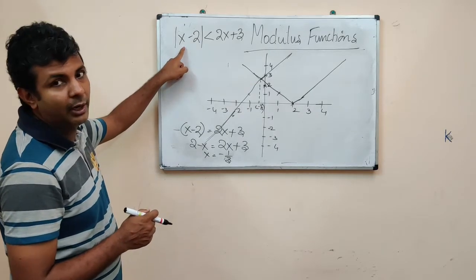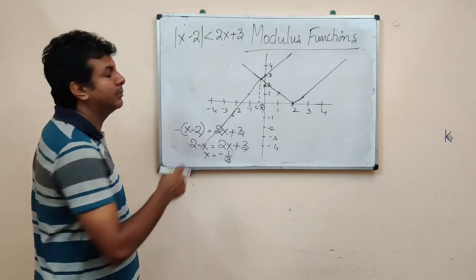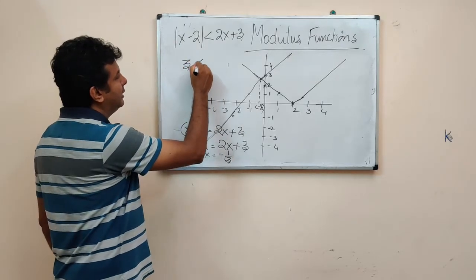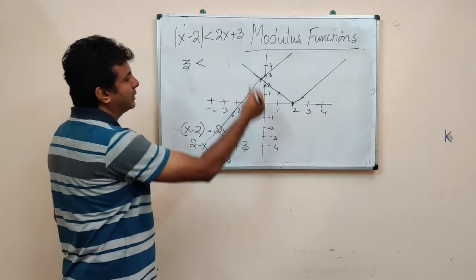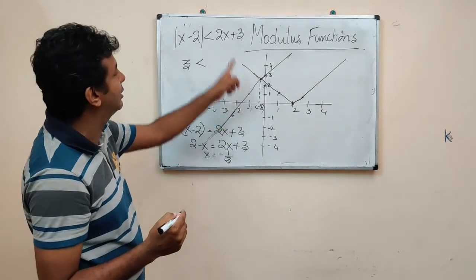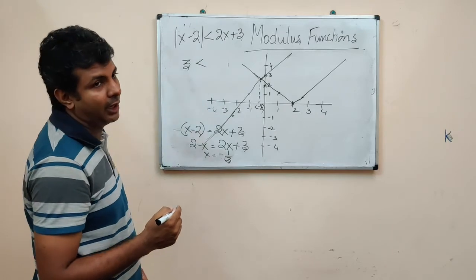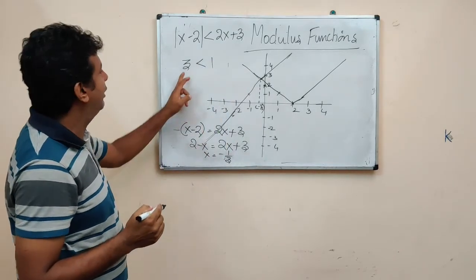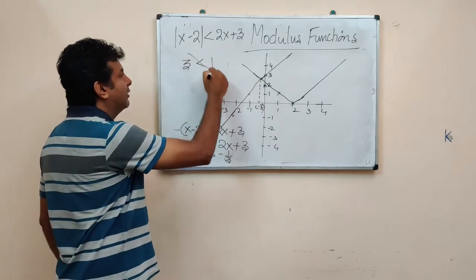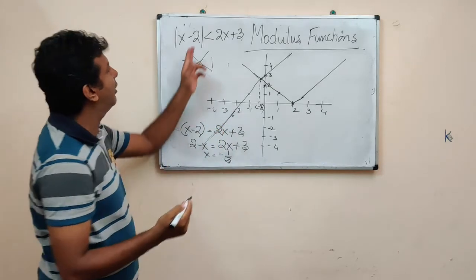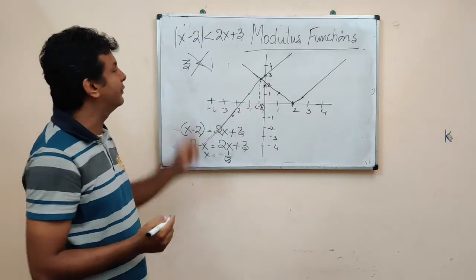Minus 1 minus 2 is minus 3 and the mod of that value becomes 3. Now in this case, what is 2x plus 3? X is minus 1 and 2 into minus 1 is minus 2 plus 3, that will be 1. Okay, now here we know 3 is not less than 1, therefore the values towards this side are not going to be in the domain of this function.